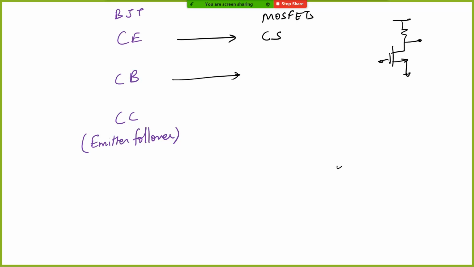This becomes a common gate amplifier, and then this becomes a common drain amplifier. Similar to the emitter follower, this is called a source follower.